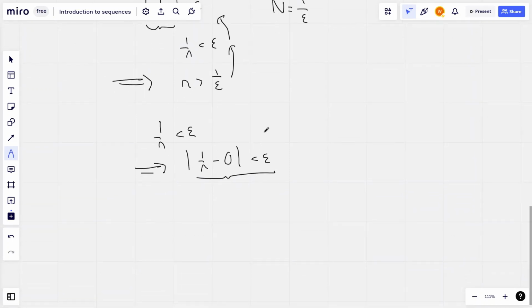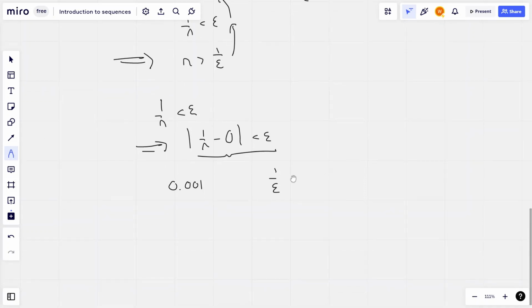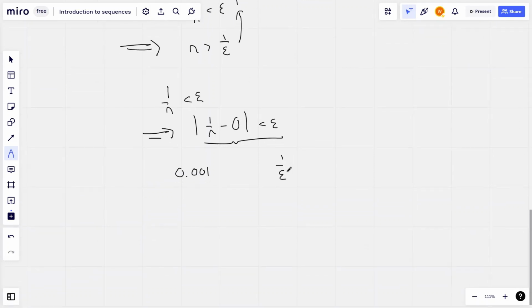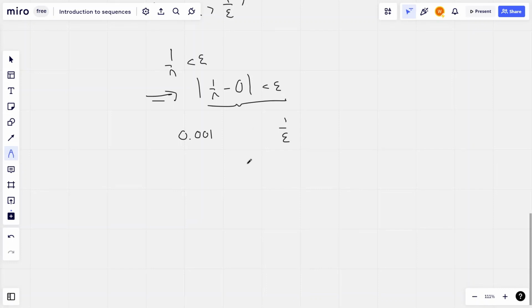So now I'm basically saying, okay, give me an epsilon, so say epsilon is 0.001, for example, and I'll say, if we take the 1 over epsilon term, then every term after that will be this distance away from 0.